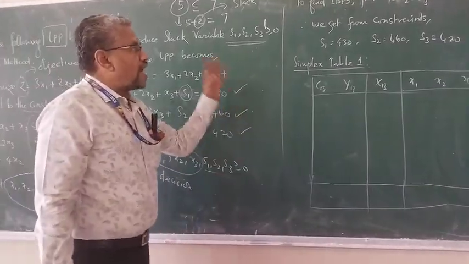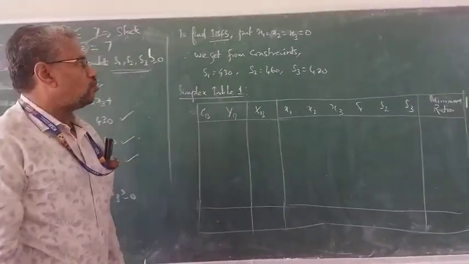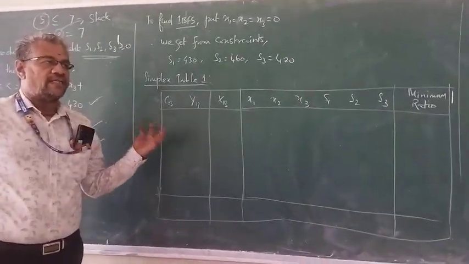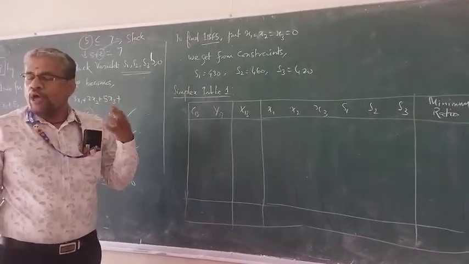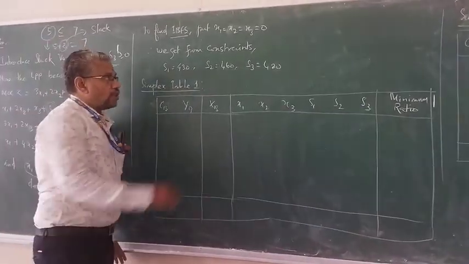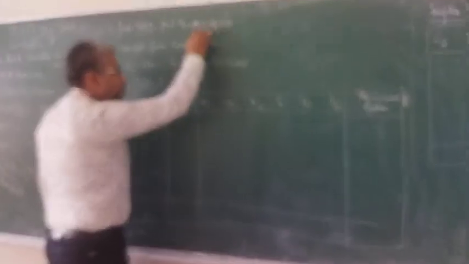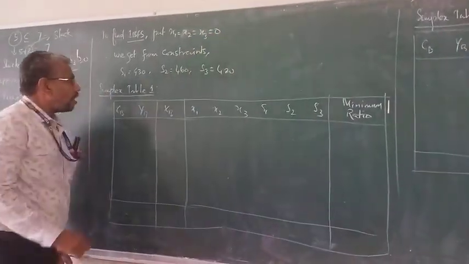Now we will have to find the IBFS. IBFS means initial basic feasible solution. For finding the initial basic feasible solution, we will have to make all the decision variables 0. So all the decision variables being 0 means x1 equal to x2 equal to x3 equal to 0.